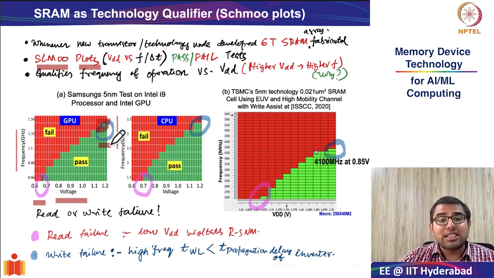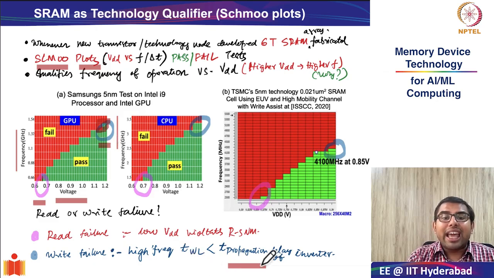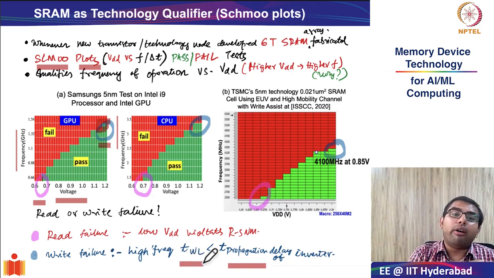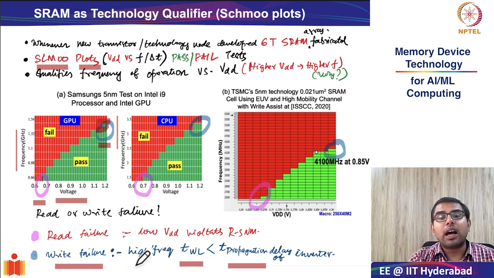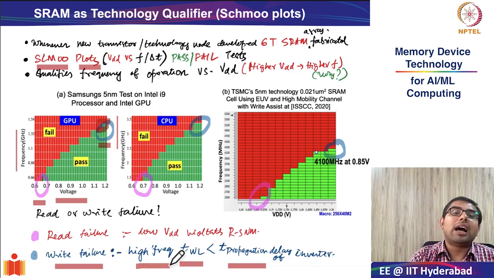You can see in the slides. Read failures happen primarily because of violations of the read noise margin, and remember, read noise margin was very sensitive to low supply voltage. Write failures happen because your propagation delay is now becoming comparable to the pulse of the operating frequency of your write transactions. Therefore, write failures are more likely to happen at high frequencies.